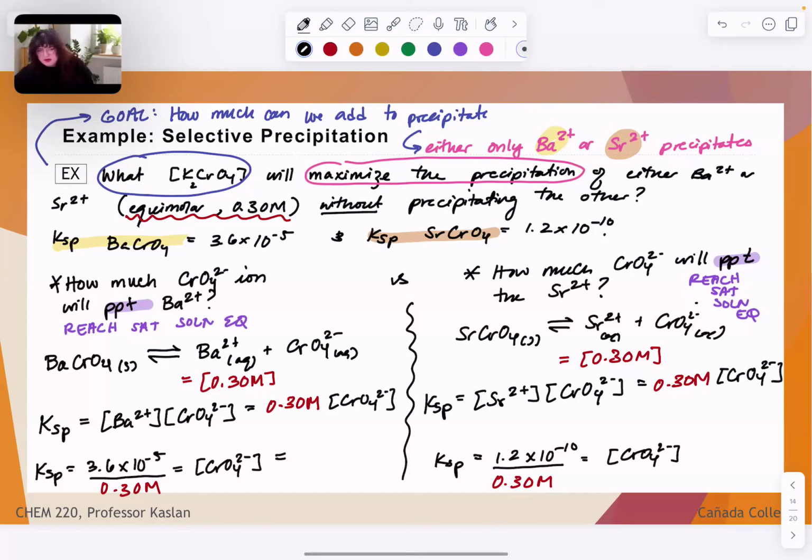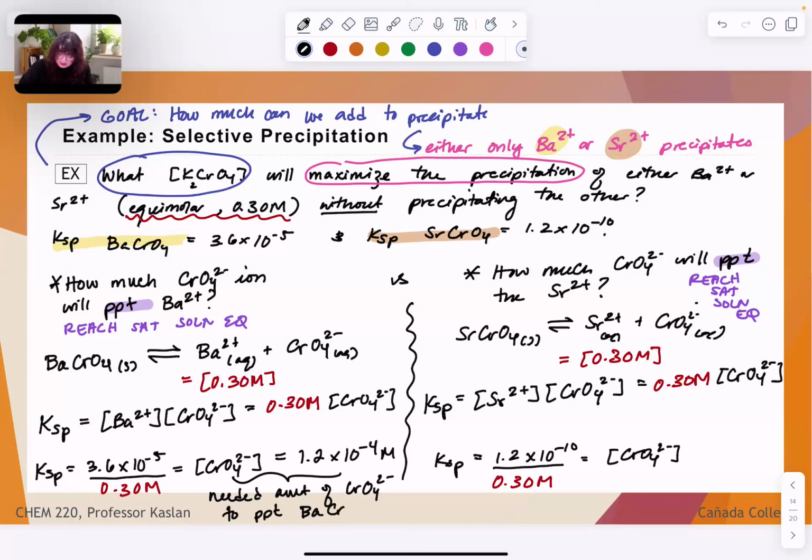So let's get these numbers, even though we can kind of see which one is going to have a lower amount needed to precipitate. For barium, 3.6 times 10 to the negative 5 divided by 0.3 gives us 1.2 times 10 to the negative 4 molar. This is the needed concentration of chromate, CrO4 2 minus, to precipitate barium chromate.